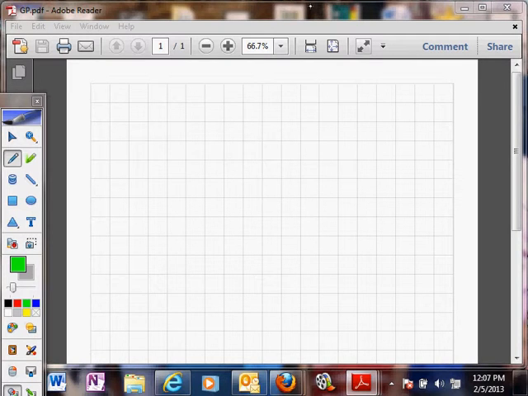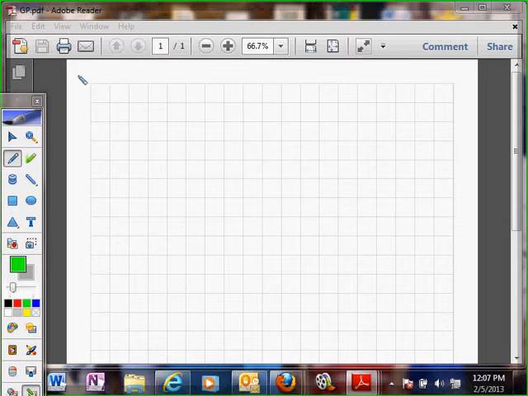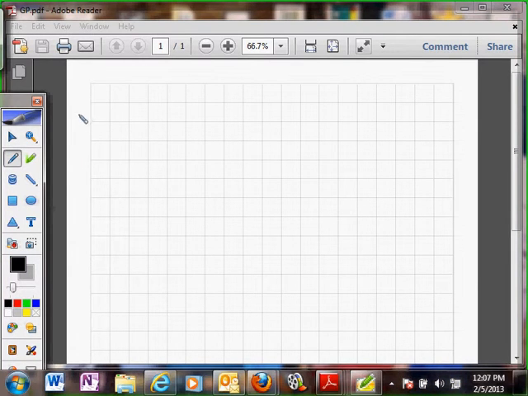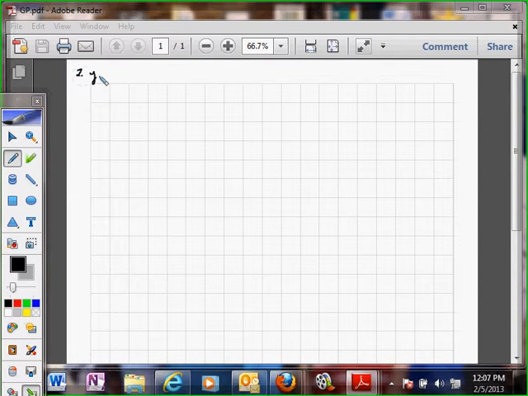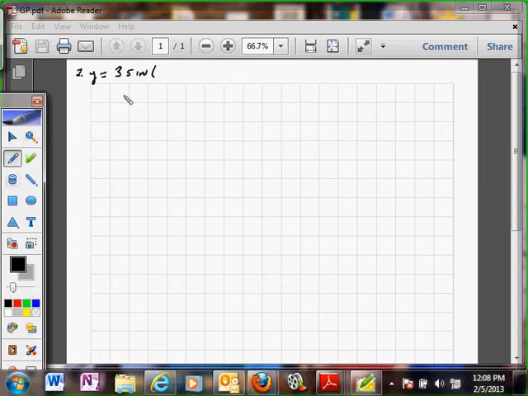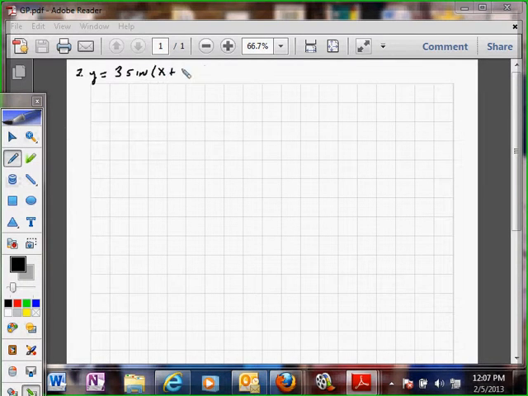So let's get started. The problem I'm going to do is number 2 from trig graphing 2. It's y equals 3 sine, parentheses, x plus pi halves.